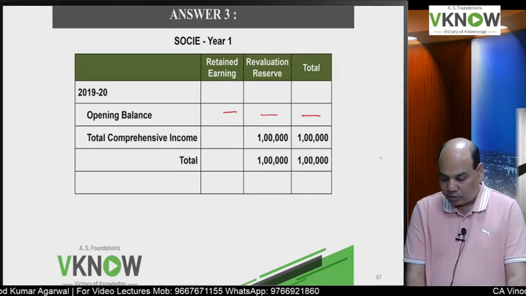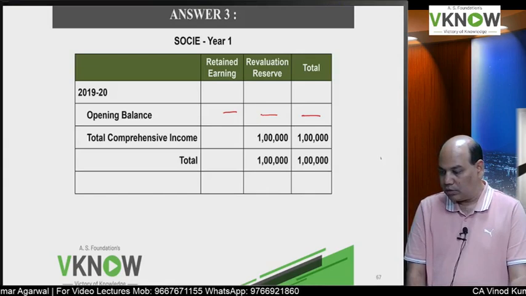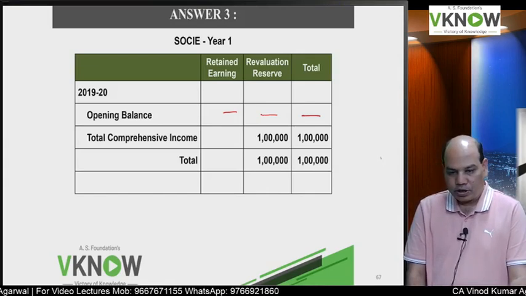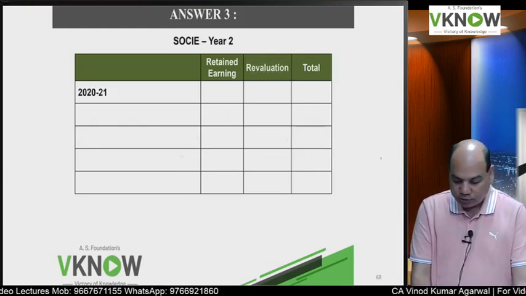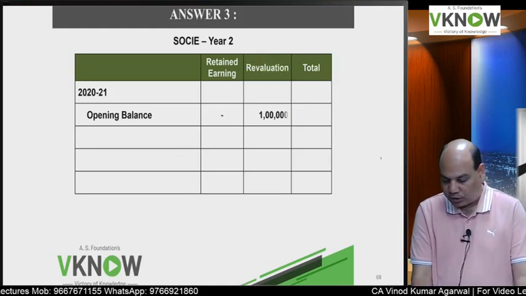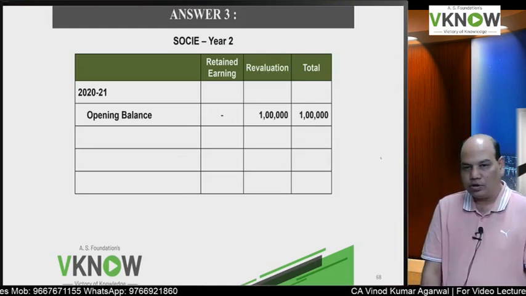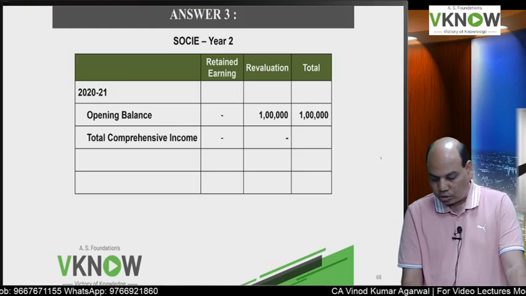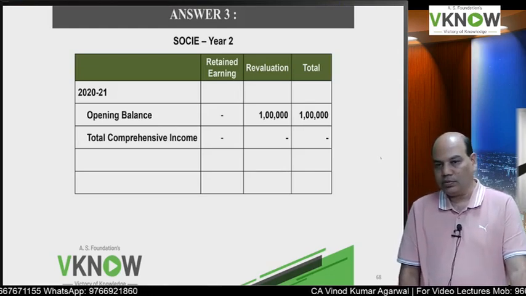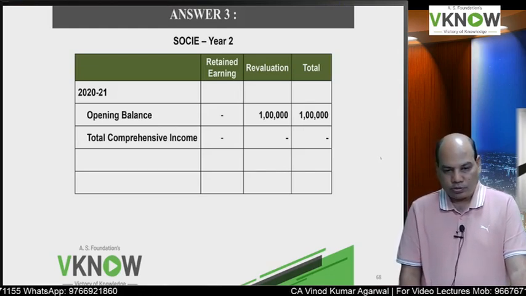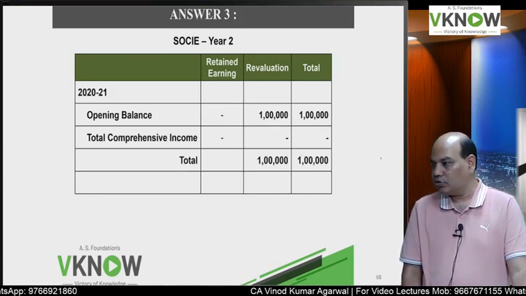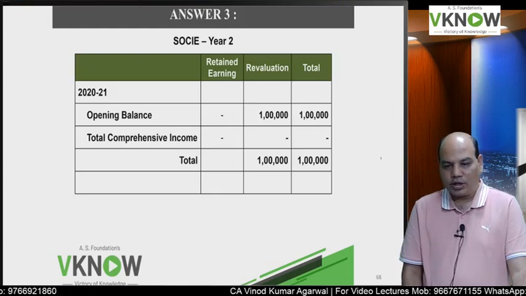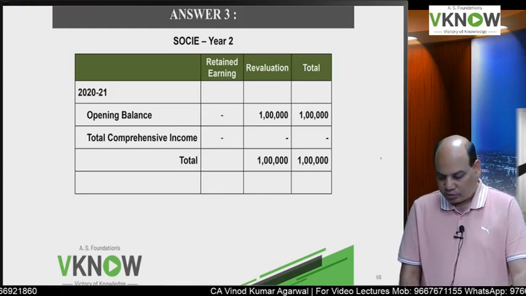So my total will be 1 lakh. This is the presentation of SOCIE for the first year. Then below that I have written 2020-21, opening balance 1 lakh in revaluation reserve. Total comprehensive income, nothing is given: 0, 0, 0. Therefore the total is again the same. Just to check your confidence, in the second year they have not given anything, so you are getting 1 lakh.